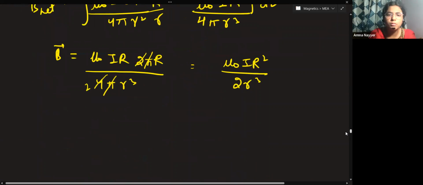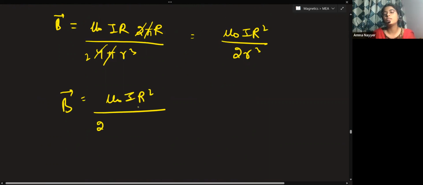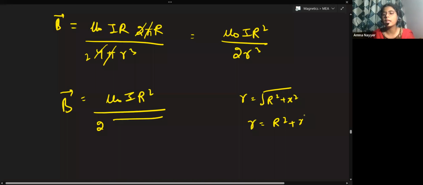Then I'll write down what is meant by X if it gets confusing. So the magnetic field will be: mu naught I R square by 2, and instead of r cube, small r is equal to R square plus x square, as we had seen. So small r can be written as R square plus x square to the power half, and r cube becomes under root R square plus x square whole cube.